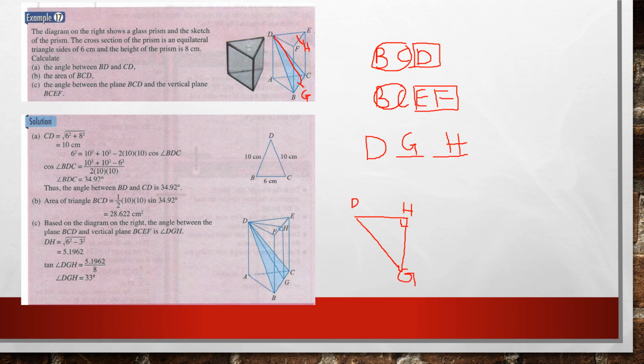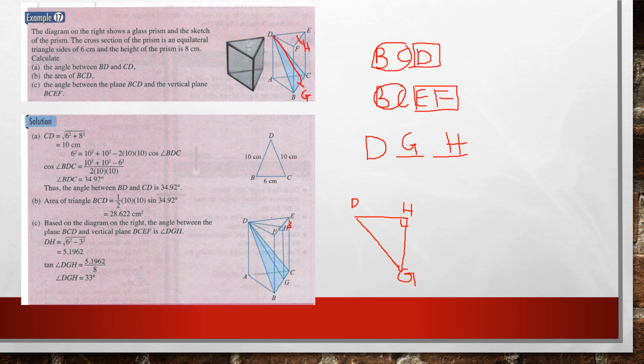You can take 6. This is an equilateral triangle, 6, and half of the triangle is 3. So using Pythagoras theorem, 6 square minus 3 square, you get 5.1962.